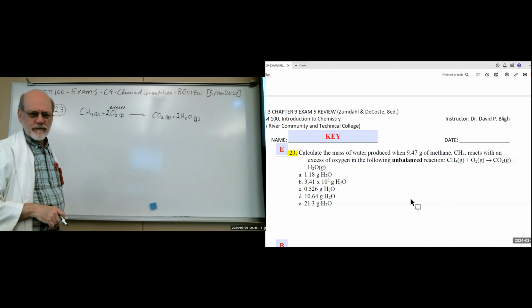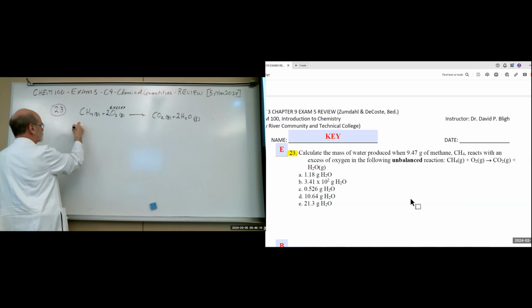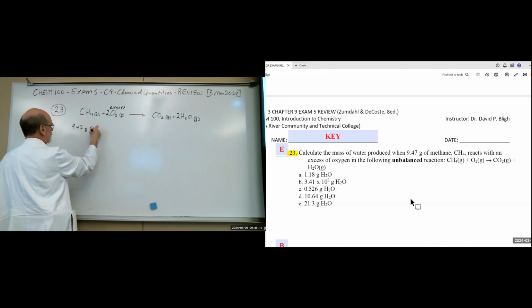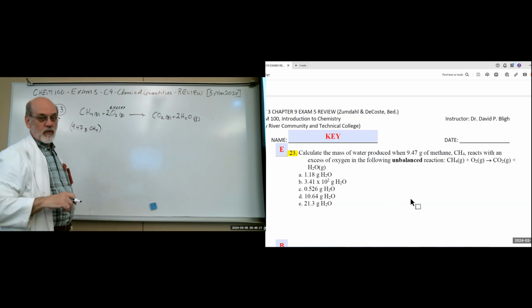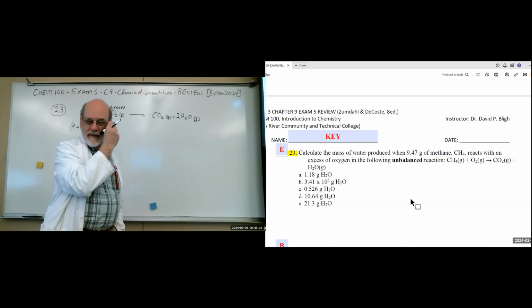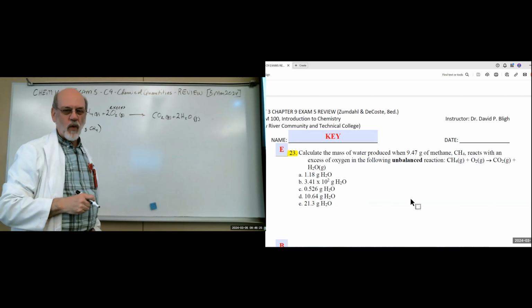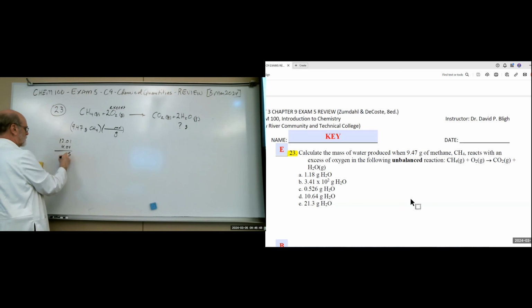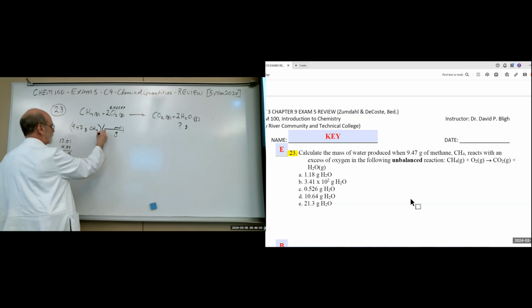We're starting off with 9.47 grams of methane. And we want to find out what? The mass of water. How many grams of water? Okay. So we need to find out how many moles of methane we have first. And methane will be molar mass 12.01 and 4.04 for the hydrogens, and it's 16.05.